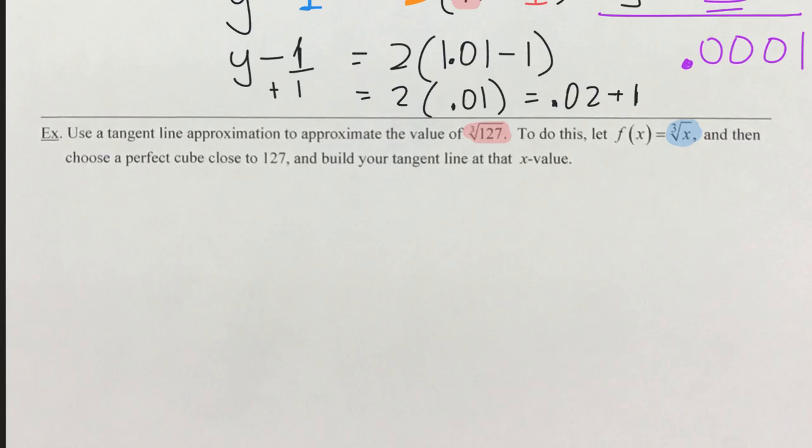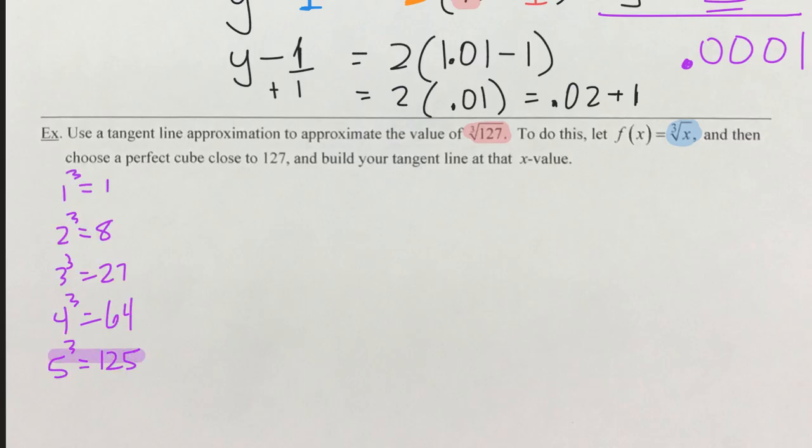So let's go through our cubes. Notice that 5 cubed is 125. 125 is pretty close to 127. So we're going to let x equal 5 in order to write the equation of our tangent line. Okay, x equals 5.